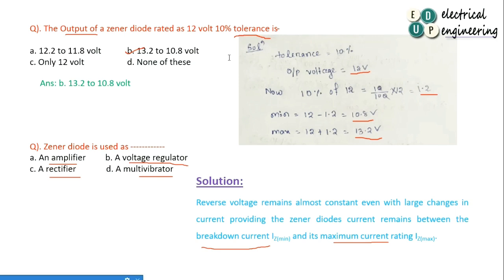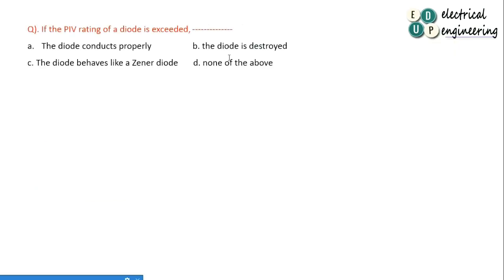Zener diode has a special ability to control itself. So it regulates the source voltage or supply and load variation. So it is used as a voltage regulator. The correct option is B.